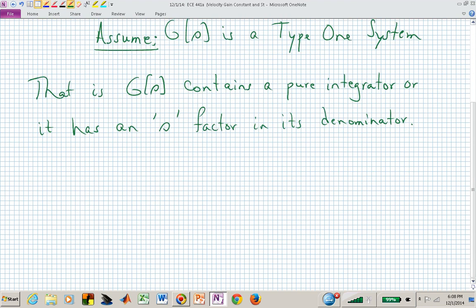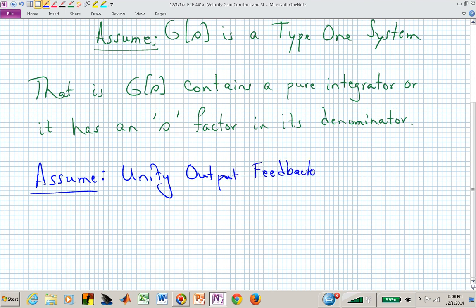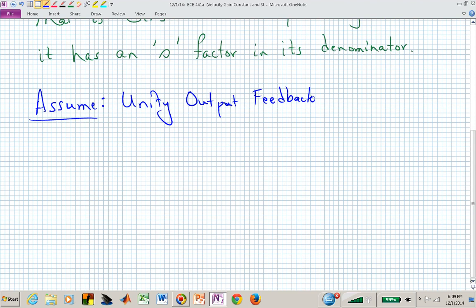A second assumption that we are making is that we have unity output feedback. And we're assuming that that feedback is negative.